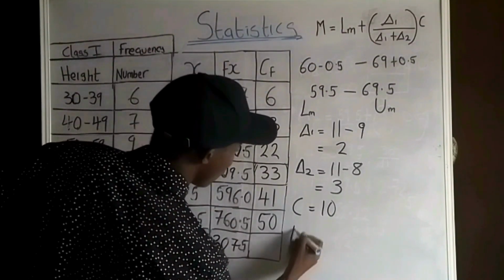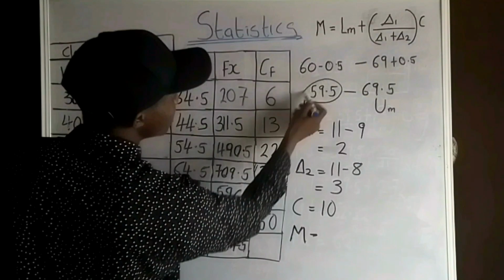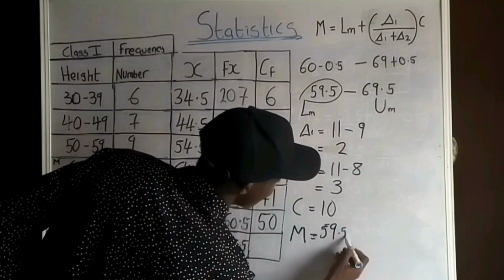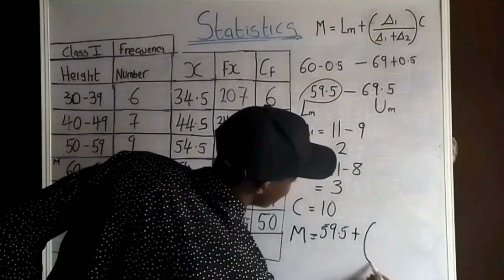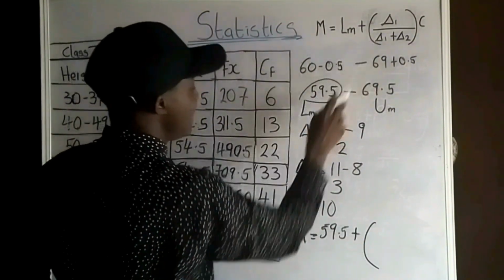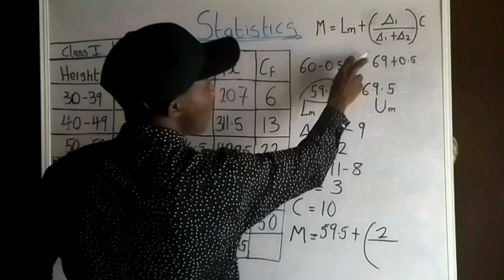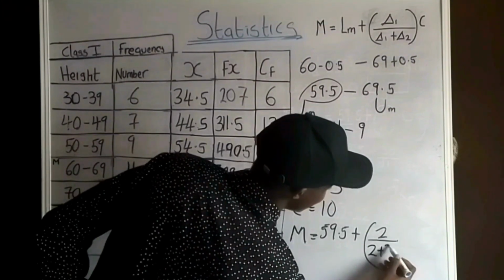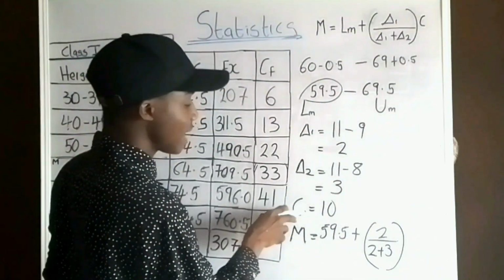Therefore, mode is equal to the lower class boundary of the modal class, that is 59.5, plus delta 1, which is 2, all over delta 1 plus delta 2, that is 2 plus 3, multiplied by the class width, which is 10.